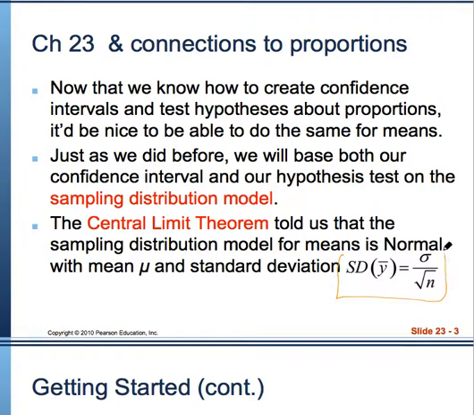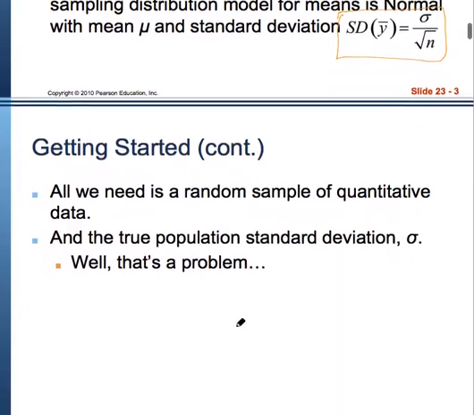Okay. So you're going to want to write this in your notes again. If you don't do it now, it will come up again and again. So the standard deviation of that sample is going to be the standard deviation over the square root of n, and n is the number of people in your sample, okay?